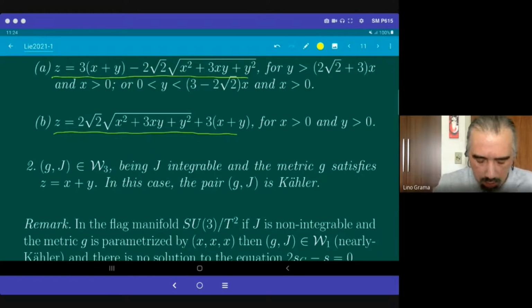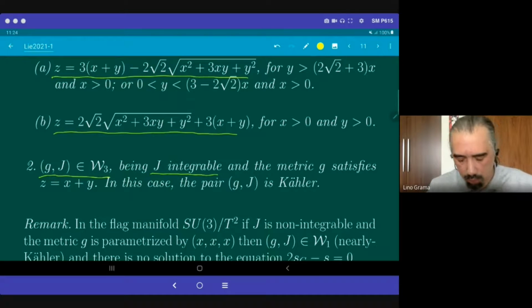Or the pair belongs to this class, where J is integrable. In this case, we make the computation and arrive at a metric which satisfies this relation. It is in fact scalar. This is the scalar condition for this triple to be scalar. In this case, we detect scalar metrics by this procedure.